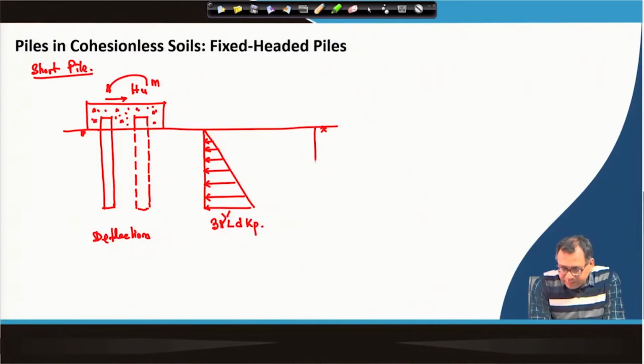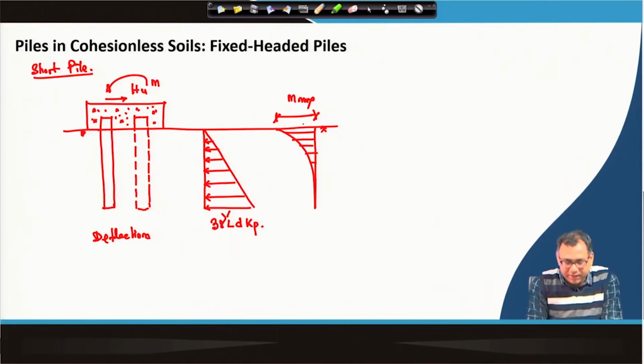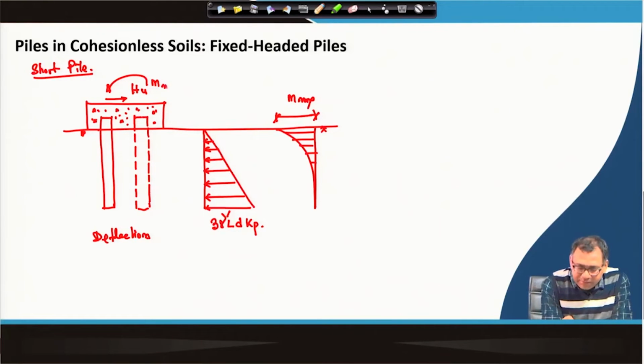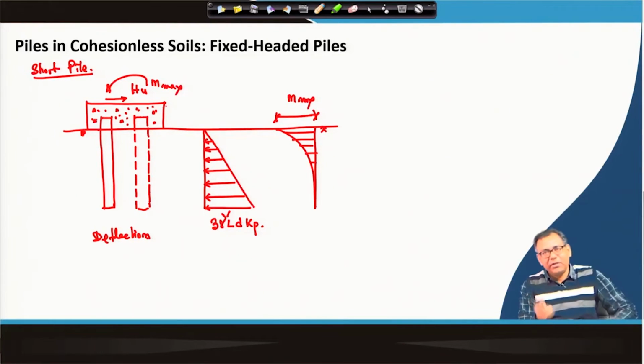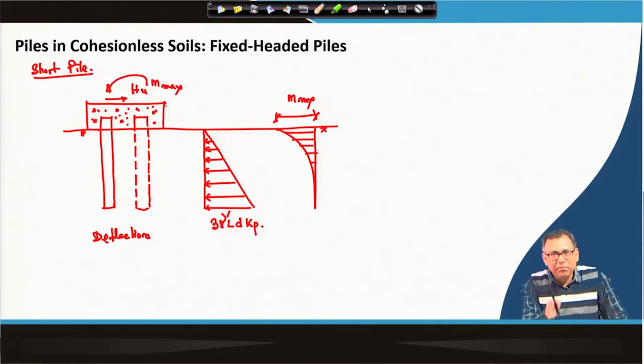And here for the fixed end, there will be a maximum moment. So, the bending moment diagram will be something like this, and this will be the maximum moment M max, because now it is a fixed headed pile. So, this M max, the maximum moment, will generate at the pile head, and that is the same as the pile in the cohesive soil.